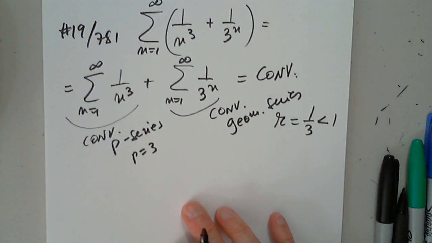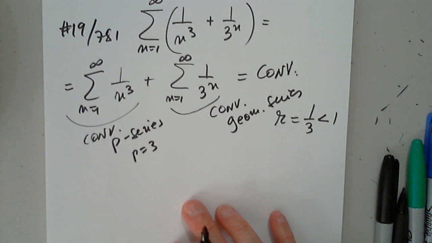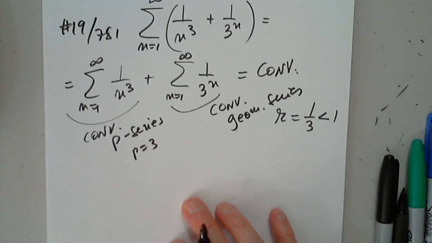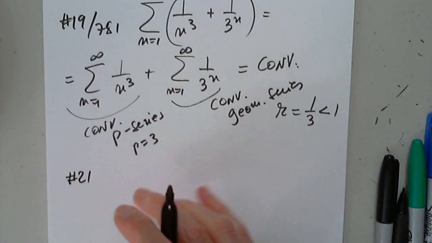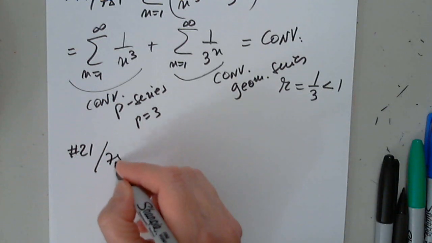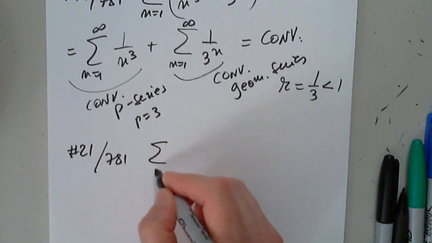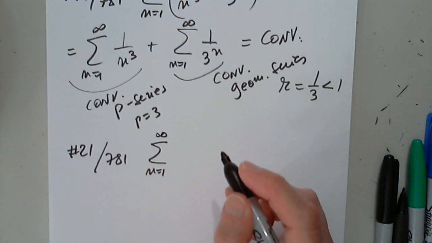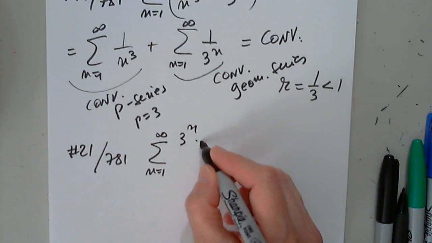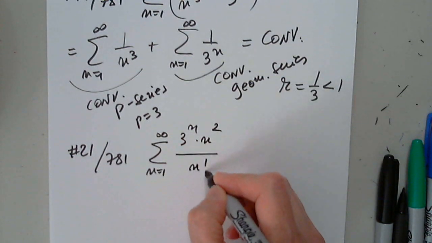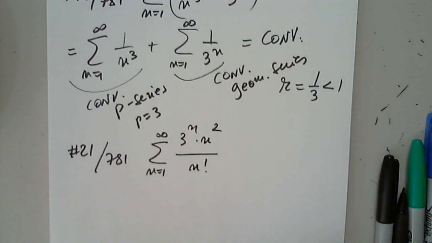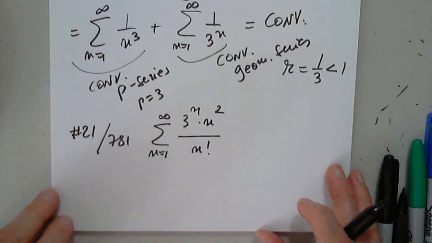That was 19. Let's take a look at the next one, 21, on 781. And we have the series from 1 to infinity of 3 to the n squared over n factorial. This is a typical situation for a ratio test.